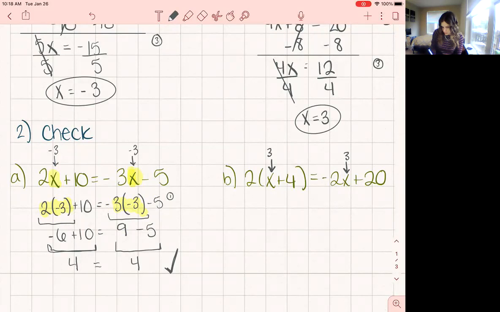So if I rewrite this, I've got 2 parentheses, 3 plus 4 equals -2 times 3 plus 20.